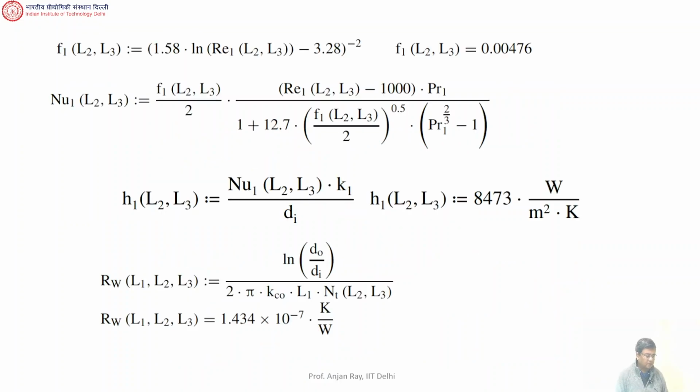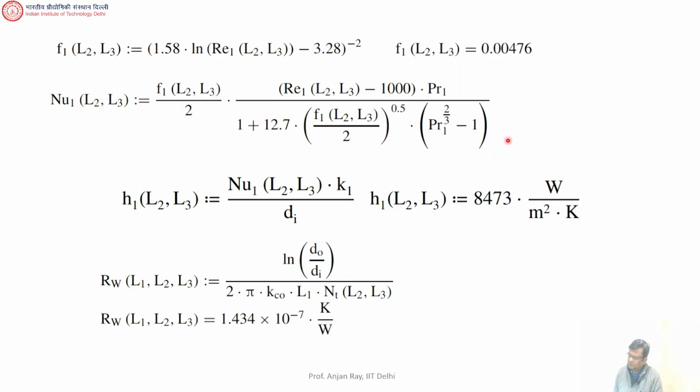Okay, now the friction factor. Friction factor is given by, again, this correlation. So you have this sort of number for friction factor, and you have Nusselt number using that friction factor. This is again another correlation. We are talking about which side.